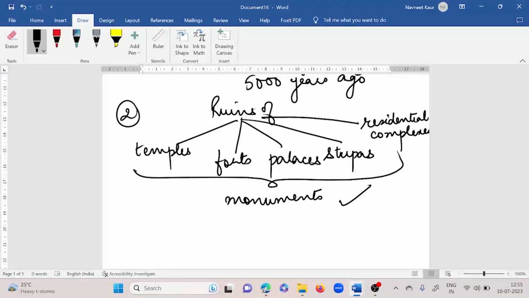So we got to know the ruins of temples, forts, palaces, stupas, and residential complexes.